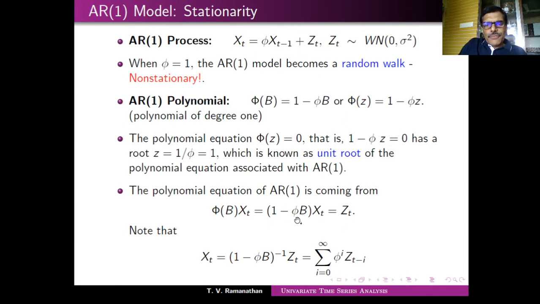Now if you write it like this, I can take it to the other side and write xt equal to 1 minus phi B inverse zt. But now there is a problem. As a notation, it is fine. But because this is now becoming an infinite series, what is the guarantee of convergence? Some conditions arise for the convergence. So you actually write this as the summation over i equal to 0 to infinity of phi to the power of i zt minus i.